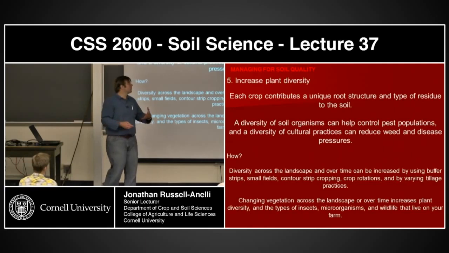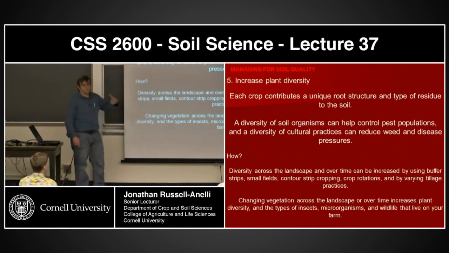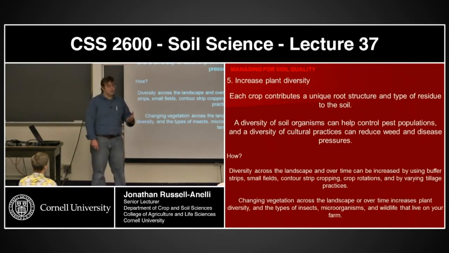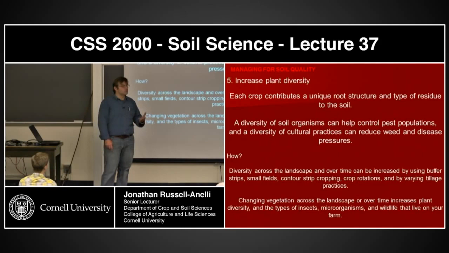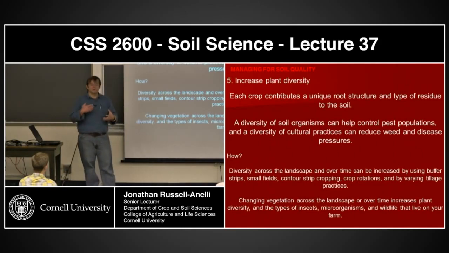Also, we can think about this from a systems approach. Diverse systems tend to be more stable or more resilient to some sort of stochastic event, some perturbation. We feel good with this?